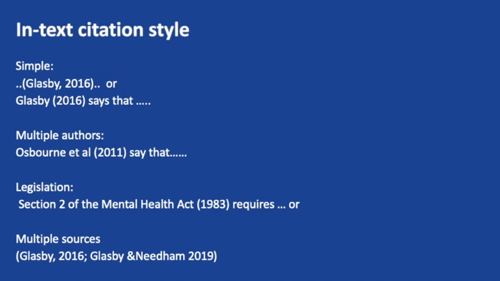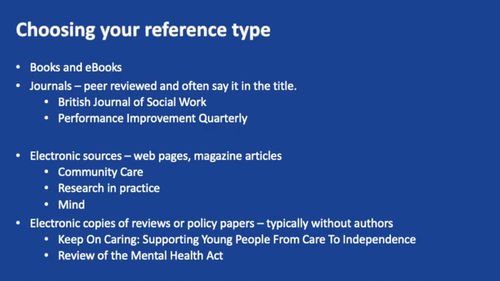The key point in all of this is that your in-text citation is your signpost for the reader to identify the correct material in your reading list at the end of the piece of work that you are submitting. The starting point, as always, is choosing what sort of reference it is that you're looking to identify.